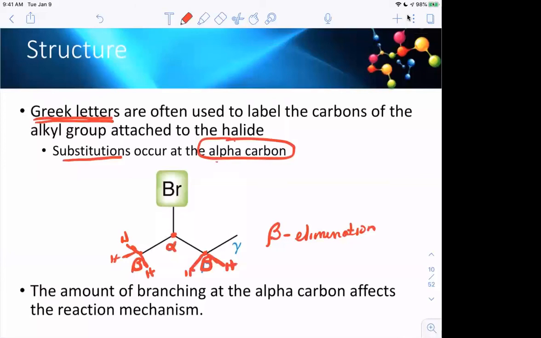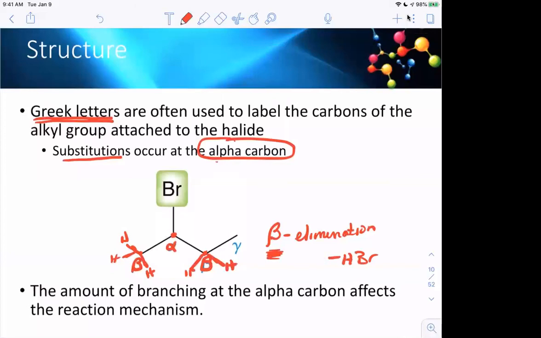So we sort of did this a little bit in reverse in the previous chapter, which was chapter 5, but it's a beta hydrogen that actually eliminates. So this would be minus HBr, right? So it's the reverse of hydrobromination. So we're a little bit familiar with this, hopefully.